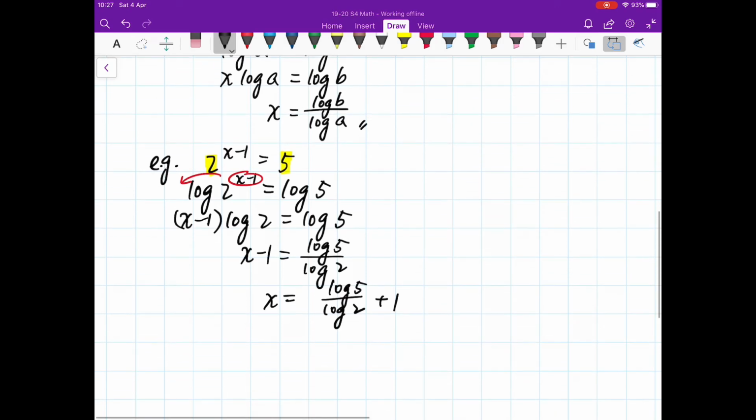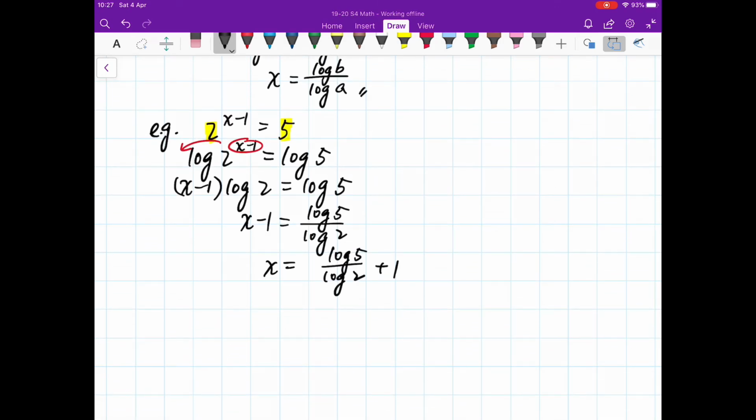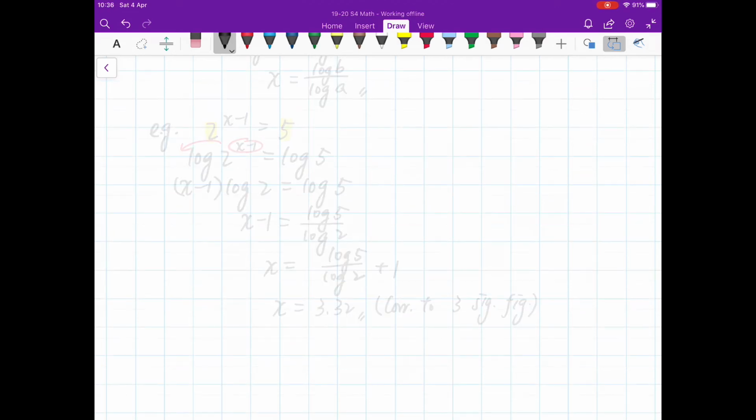Okay, and then by the calculator, we can get the final answer, which is 3.32, correct to 3 significant figures. So now let's move on to type 3.